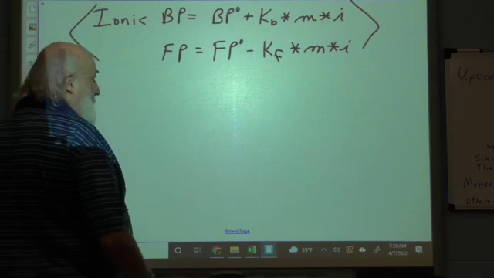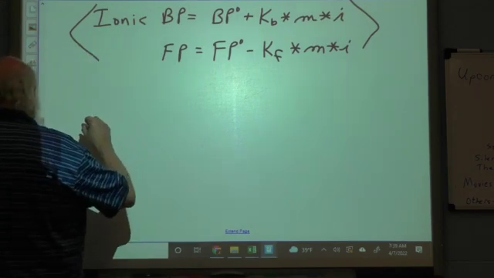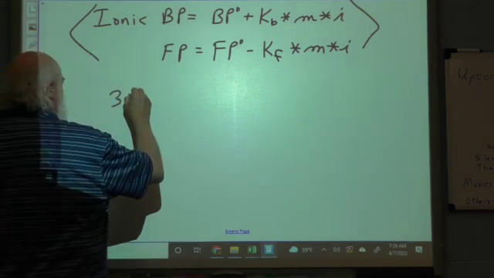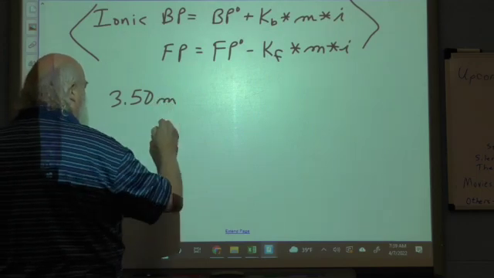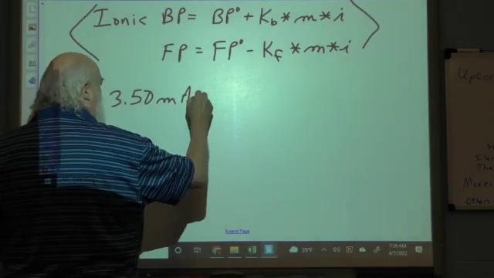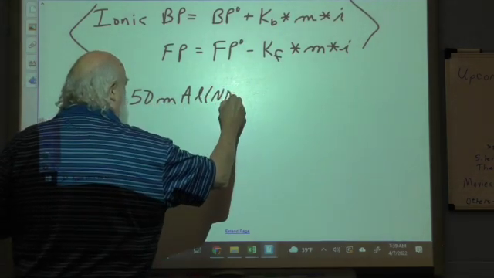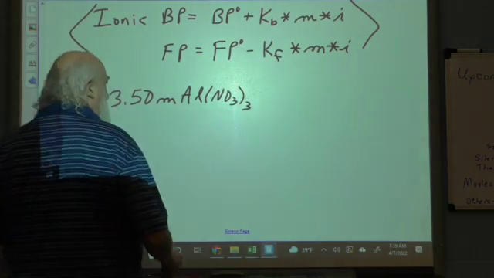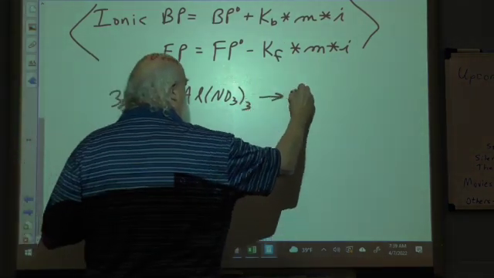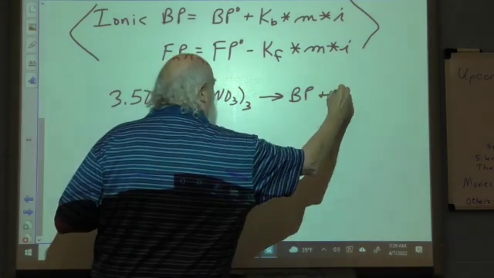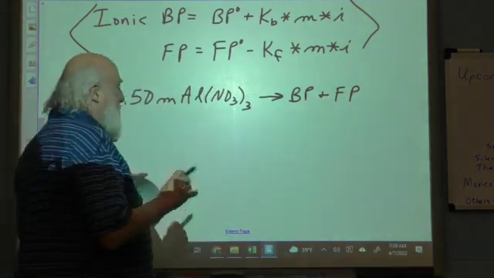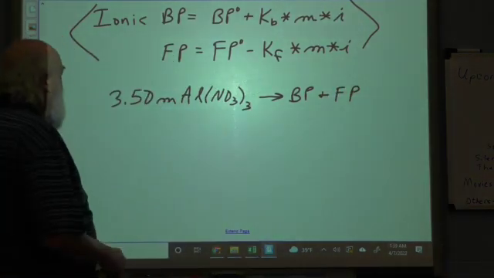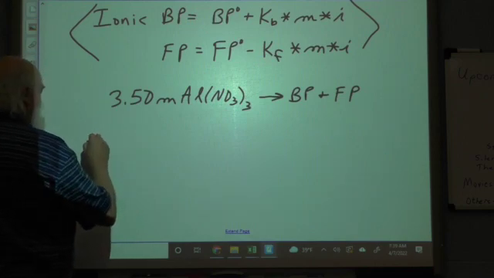The example in the notes that I gave you is a 3.50 mole per kilogram solution of aluminum nitrate, and I want to know the boiling point and freezing point of this solution. So we have to start with the dissolving reaction.